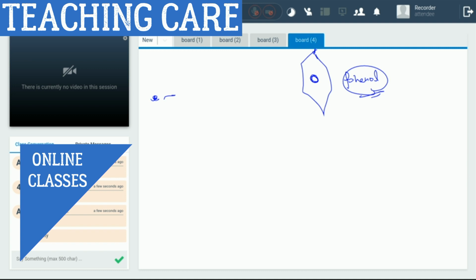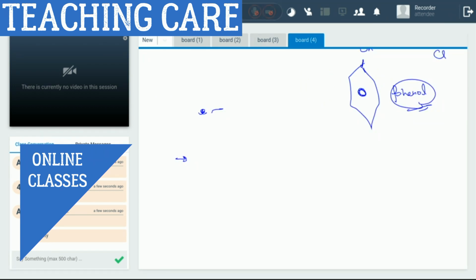Now, suppose chlorine is attached here. People also name the positions like that. This position is known as 1, this is 2, this is 3, this is 4, and this is 5. Oh, sorry.